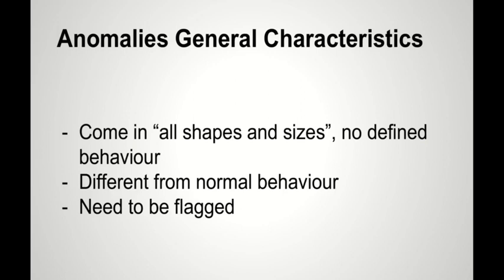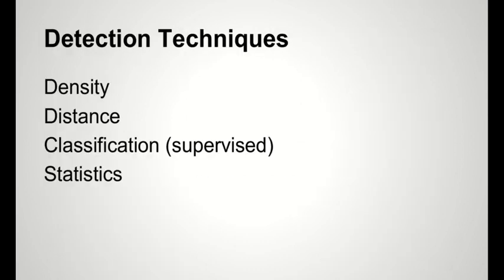There are several techniques that could be applied to detect an anomaly. They could be based on density, they could be based on distance metrics, they could be based on classification algorithms, for example, supervised learning algorithms, or maybe they could be based on statistics, and that's what we'll be focusing on in this video.